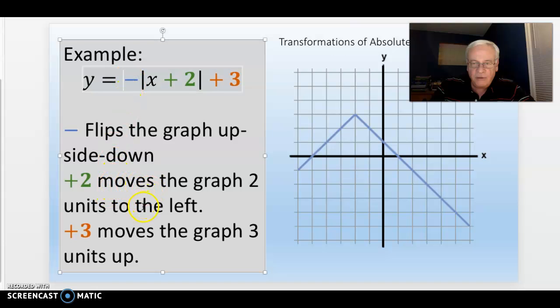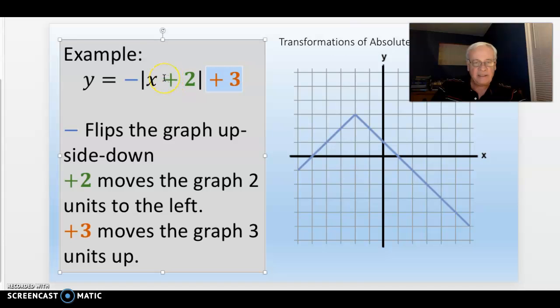+2 again moves the graph 2 units to the left. 2 units starting at the origin, 2 units to the left. The +3 on the outside moves the vertex 1, 2, 3 units up. And there's the vertex right there, okay? Starting from the origin, back 2, up 3.